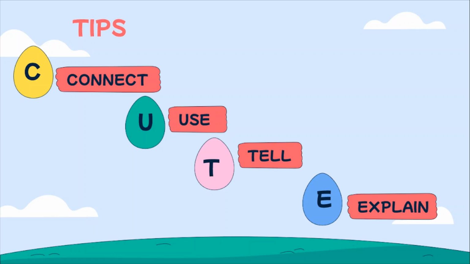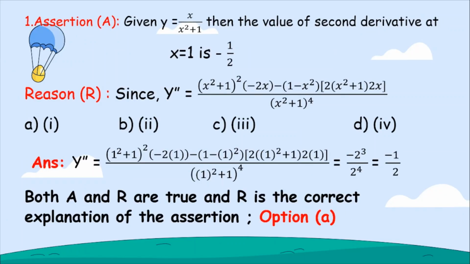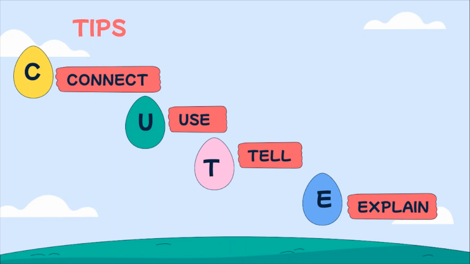In such a way the statements will be given. So in this type of question, we will be connecting the statements. We will be checking whether the reason is a true statement, whether the assertion is a true statement, individually.